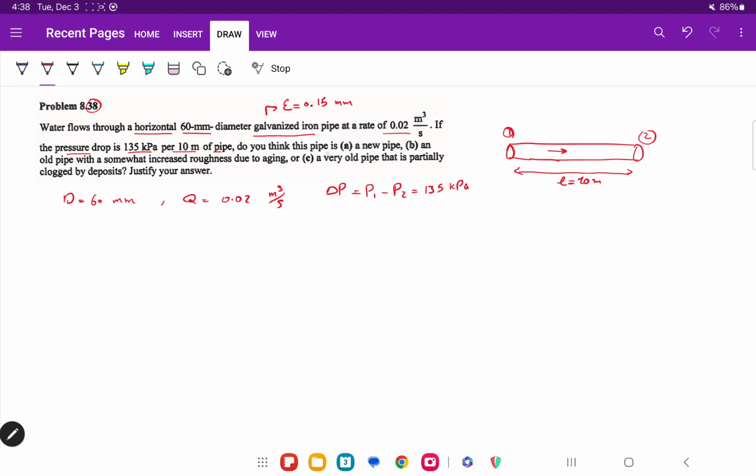Do you think this pipe is a new pipe, an old pipe with a somewhat increased roughness due to aging, or a very old pipe that is partially clogged by deposits?